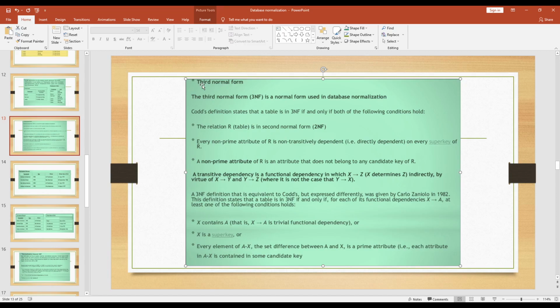A third normal form definition that is equivalent to Codd's but expressed differently was given by Carlo Zaniolo in 1982.